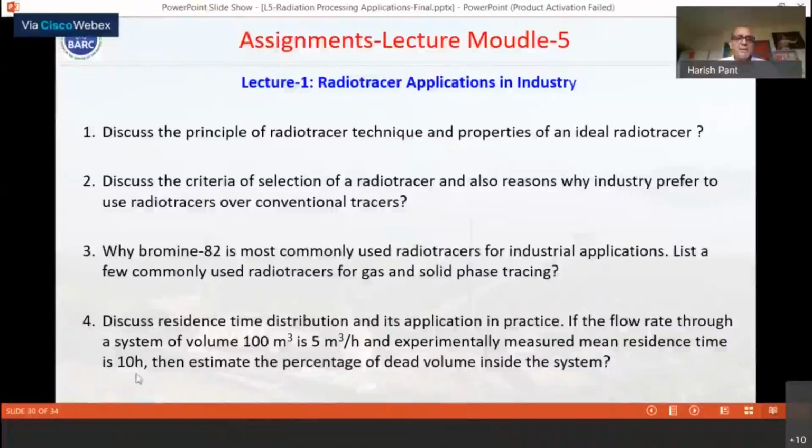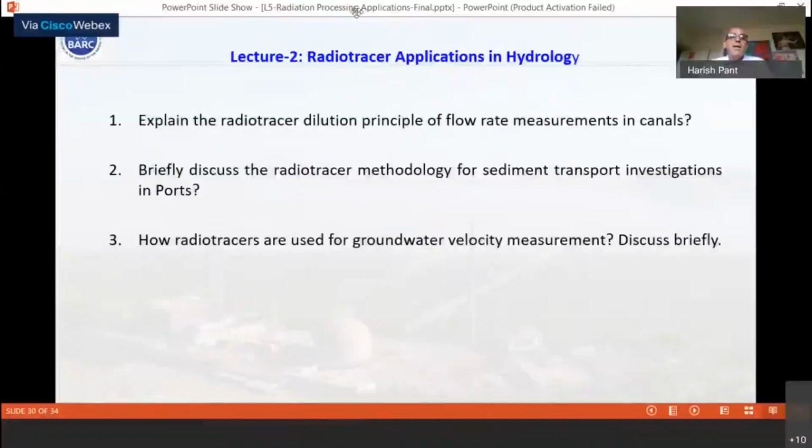And here is a small numerical which says: estimate the dead volume inside any system by measuring the residence time distribution using a radio tracer. What you have to do is compare the theoretical and experimentally measured residence time and then estimate the dead volume.